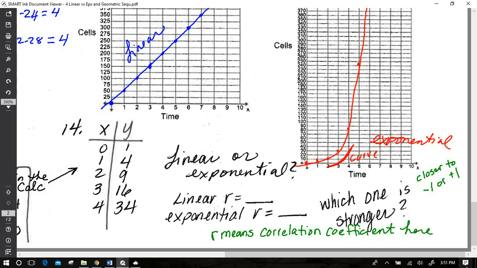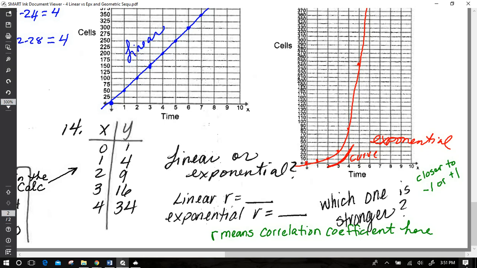But remember before, in our calculator, the R is actually the correlation coefficient. And the closer that correlation coefficient is to 1 or -1, the stronger it is. So whichever function, either a linear function or an exponential function, has the stronger correlation coefficient, that is going to be the model that fits it best.